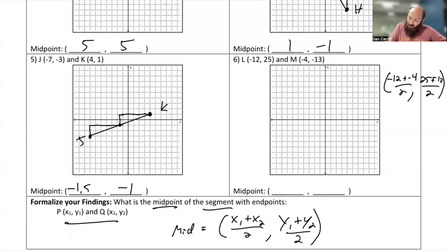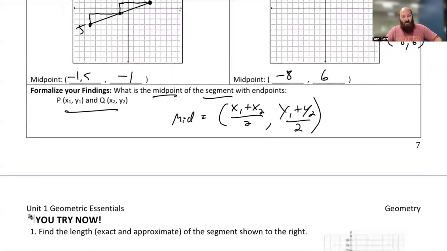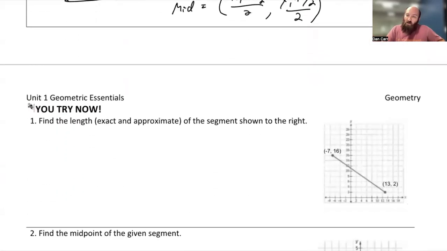So negative 12 plus a negative 4 is a negative 16 over 2. 25 plus a negative 13 is a positive 12 over 2. That means my midpoint is at negative 8, positive 6.